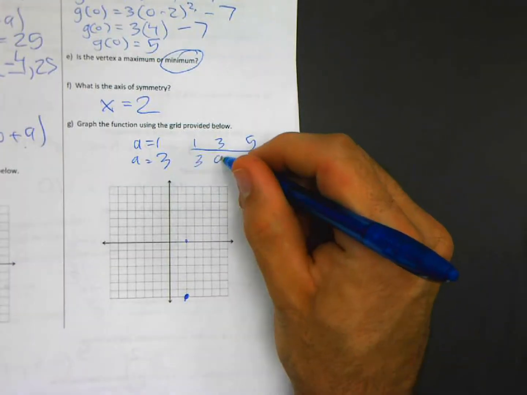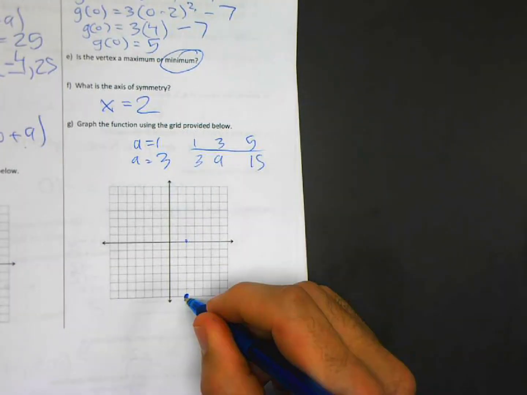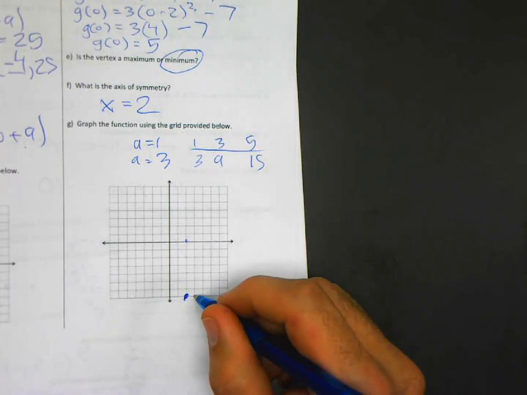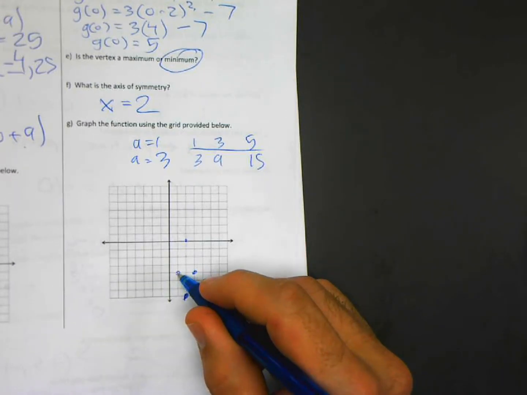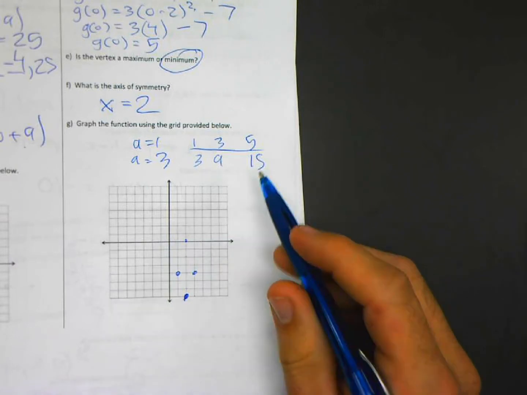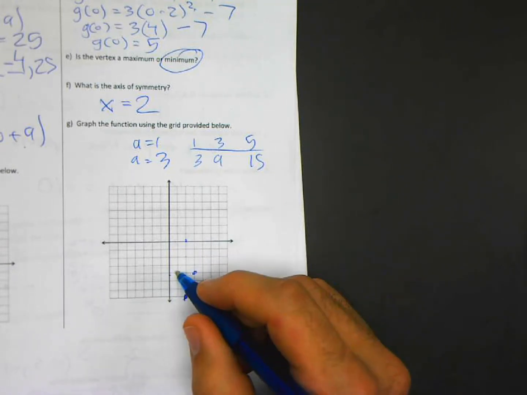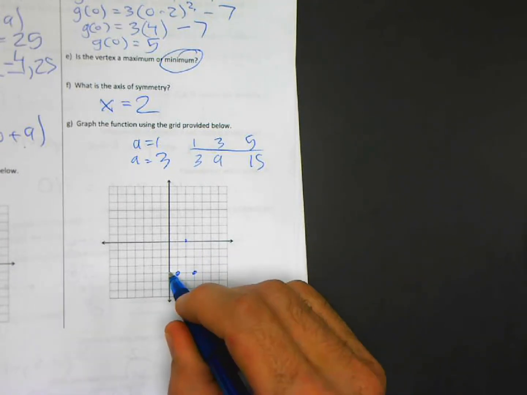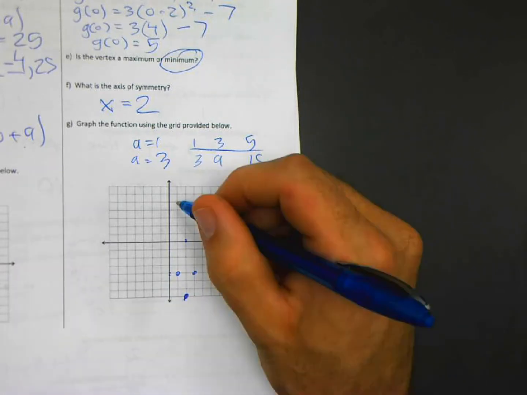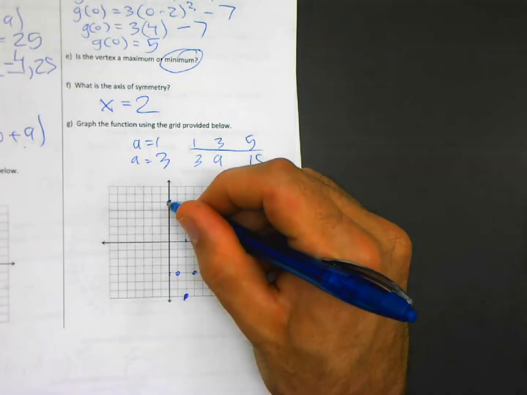So 3, 9, 15. So from here, we're going to go over 1, up 3. There and there. Then we're going to go over 1, up 9. Now that should take us to 5. If you notice, we're at negative 4 here. If we go up 9, we're going to be up at 5, which is what we calculated our y-intercept to be.